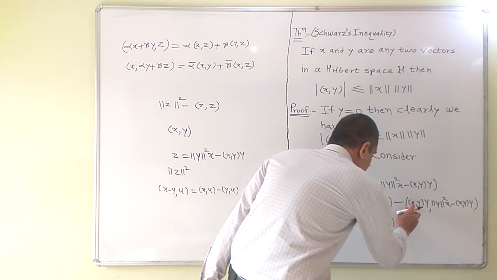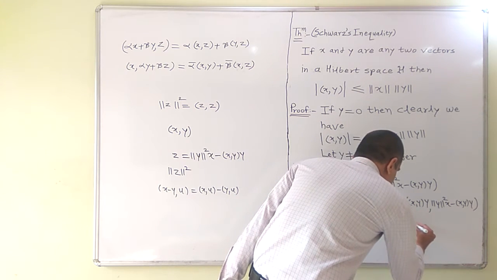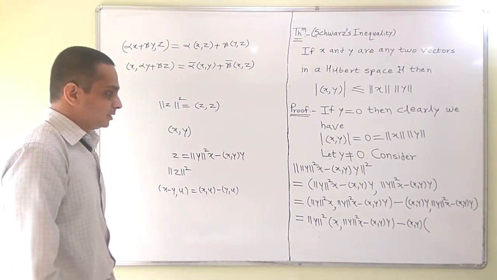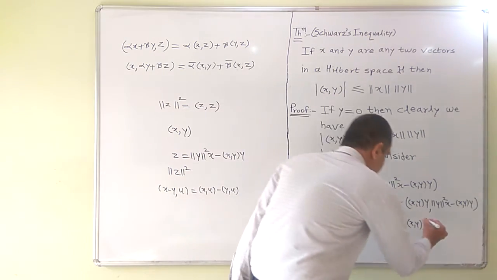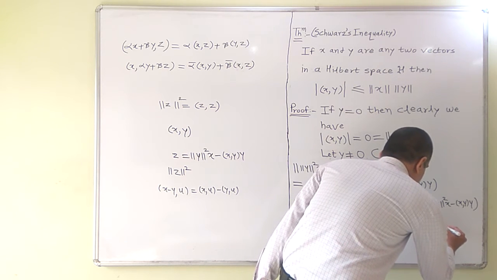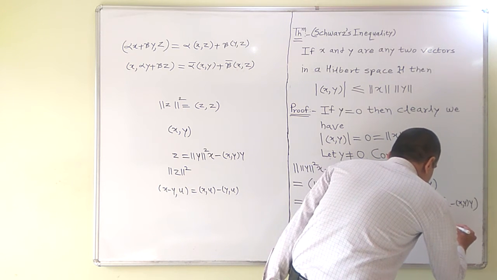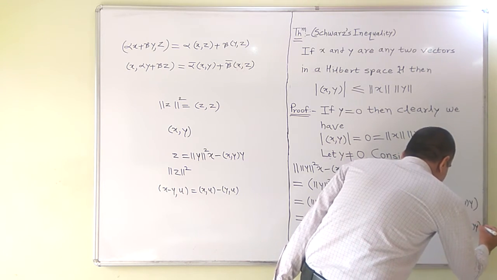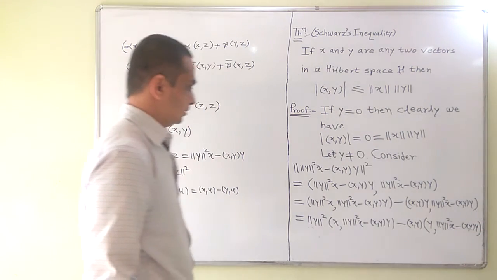So I am taking it outside: minus inner product of x and y, and what is left is this y, with norm y square x minus xy y.